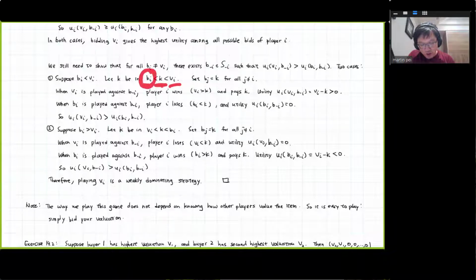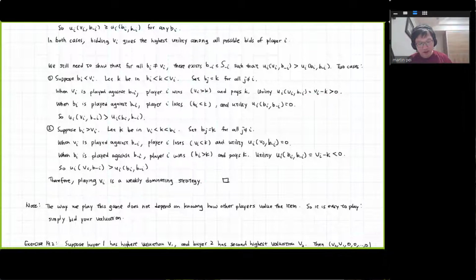When VI is played, it is the highest bid among all the players, so it will win, and it will pay a certain cost, which is K. That means the utility is positive.